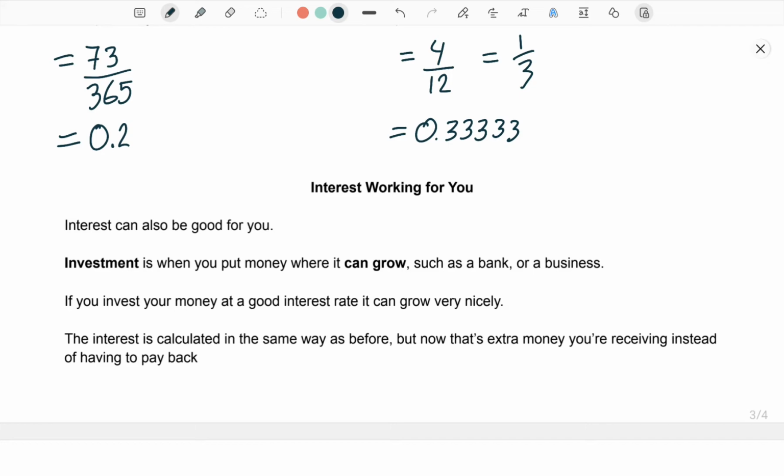And if it's growing at a good interest rate, well, that's very good for yourself, because that means you're earning more and more money. And it works the exact same way as we've just done the previous problems. But now when we're calculating interest, this is interest that we want, not interest that we're, in a sense, trying to avoid.